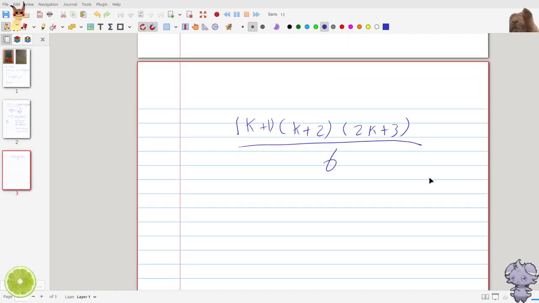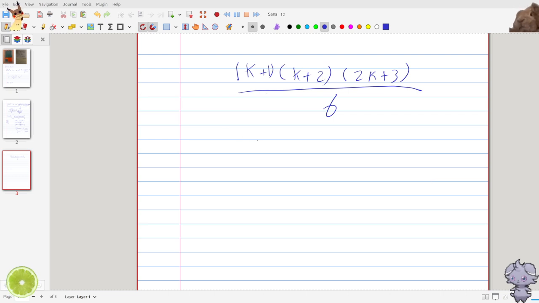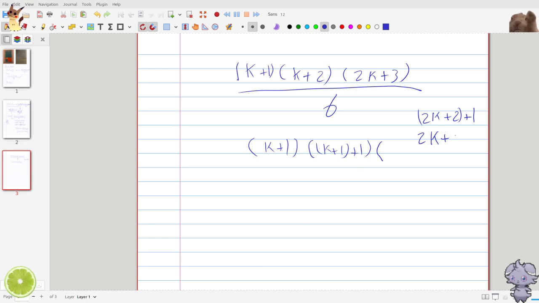We just need to write it differently, but it is equivalent. It's the same. So it's k plus 1, and this is what we want here: k plus 1 plus 1. This is right. And here we have 2k plus 2 plus 1, and we factor out 2, so 2 times k plus 1 plus 1, over 6. And that's our proof. We are done.